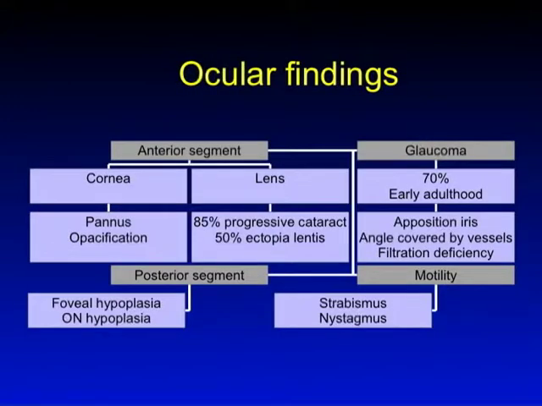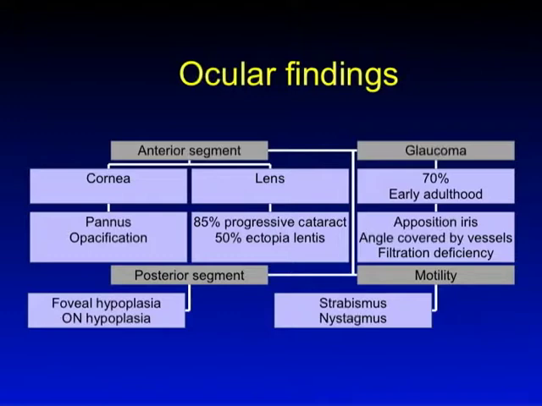What do we see in patients with aniridia? Of course, aniridia, but corneal pannus is important, especially because patients may need to wear contact lenses, and it's very hard to fit contact lenses. Cataracts, they're progressive. Foveal hypoplasia. This is the most important reason of decreased visual acuity in patients with aniridia.